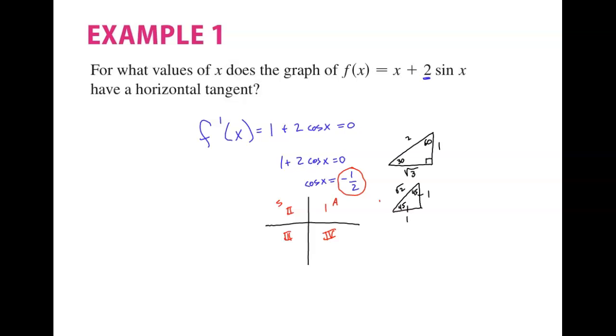There's all students take calculus, and each label represents which trig functions are positive in that quadrant. So in the first one, all of them are positive. In the second one, only sine is positive. In the third one, tangent is positive. And in the fourth one, cosine is positive. And everything else is negative. So this has to be quadrants 2 and 3, right?